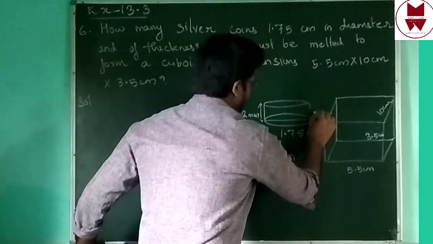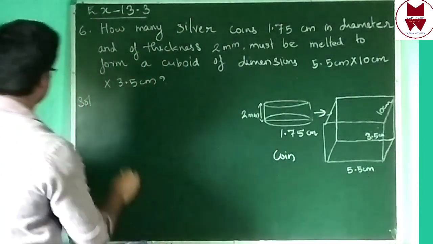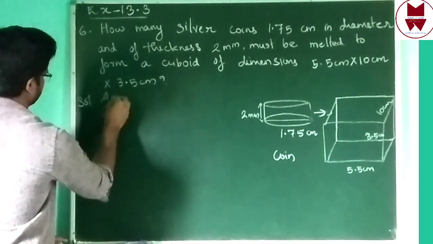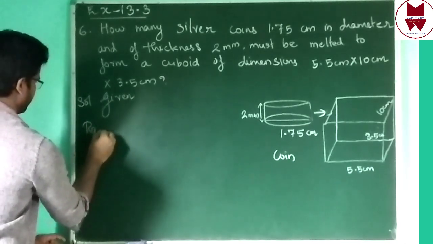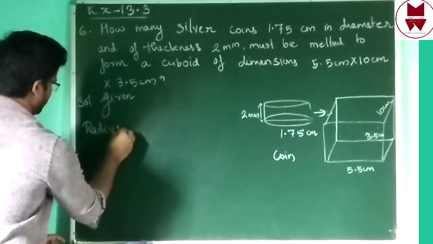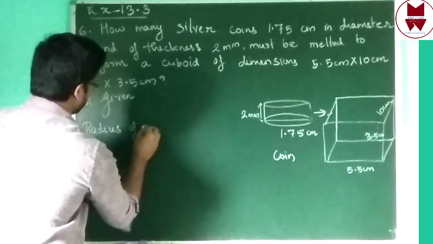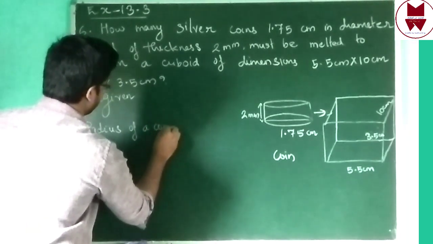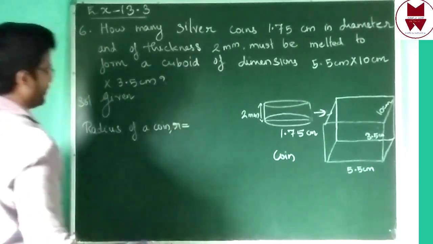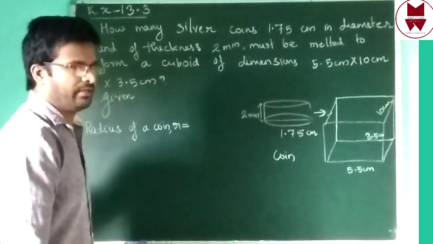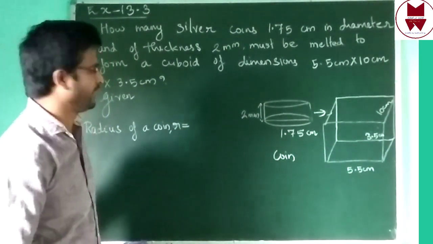We can write given. First, the radius of a coin, small letter r equal to. Here only the diameter is given, we have to find the radius.